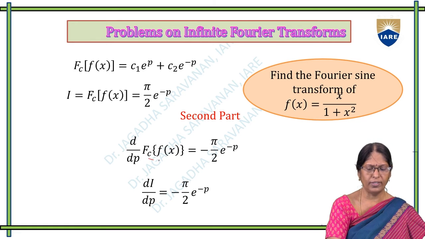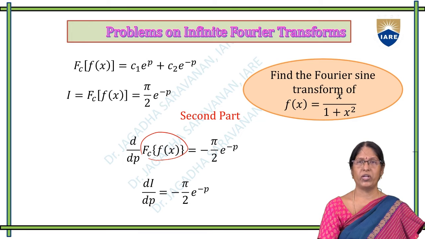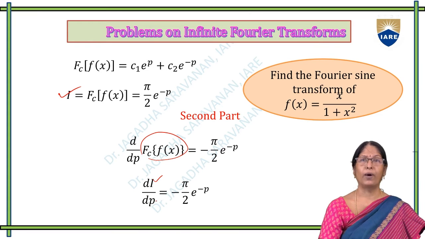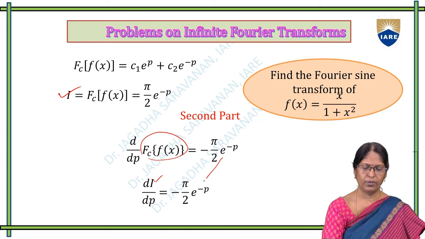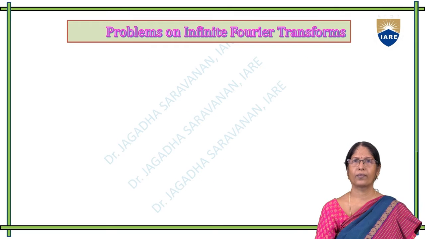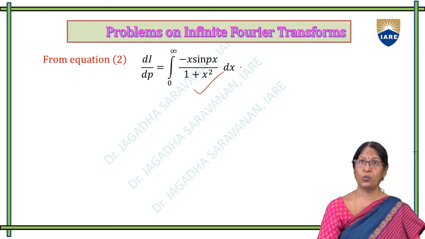So now this Fc of f of x, which we named I at the very start. So dI by dp equals the same, without changes. This is the second equation.